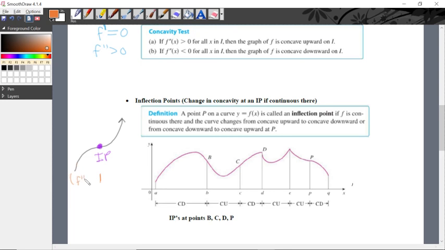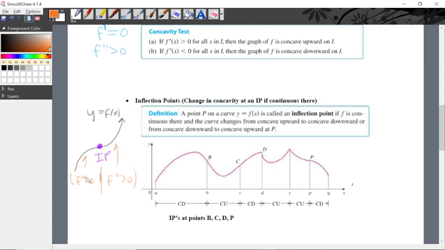So on this region we would have f double prime less than 0, on this subinterval of the domain, where the curve I'm sketching is the curve of y equals f of x. So we can tell from the shape of the curve itself when the second derivative is negative. And we can see from the shape over here that the second derivative would be positive along this portion of the curve.